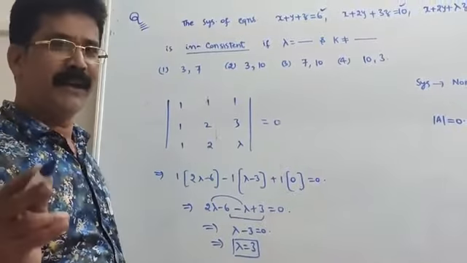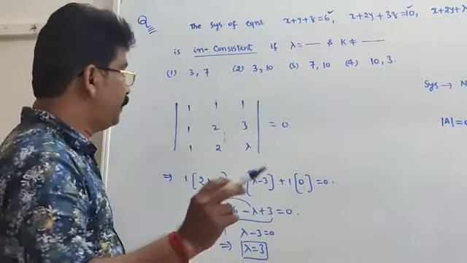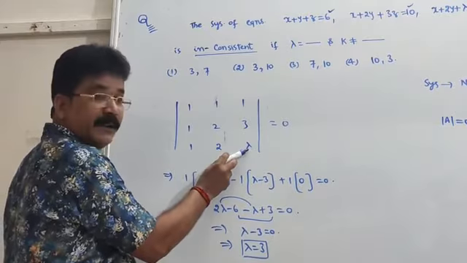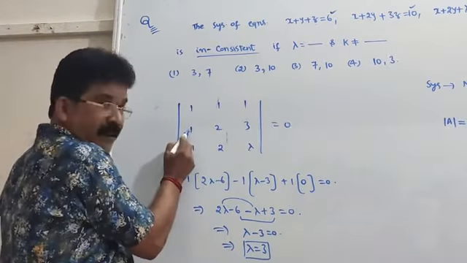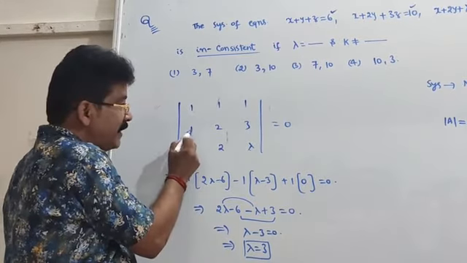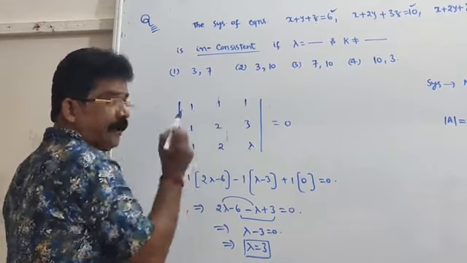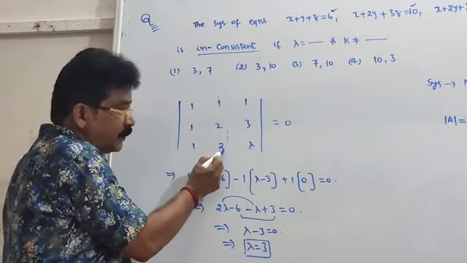We can put lambda equal to 3 directly, because see the R2 elements 1, 2, 3 and the R3 elements 1, 2, so it may be 3.